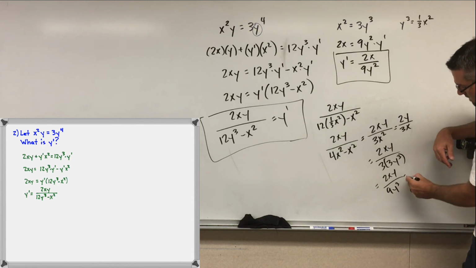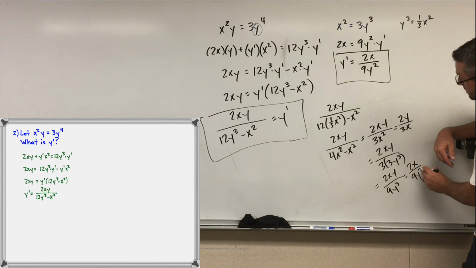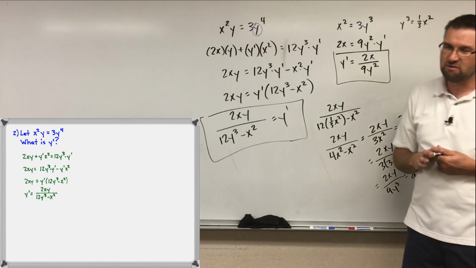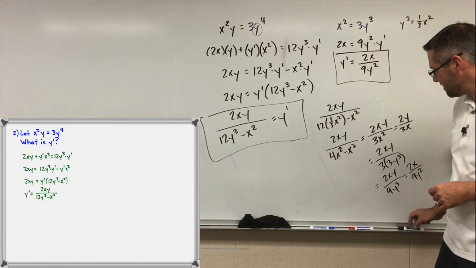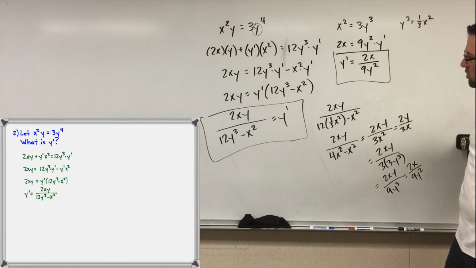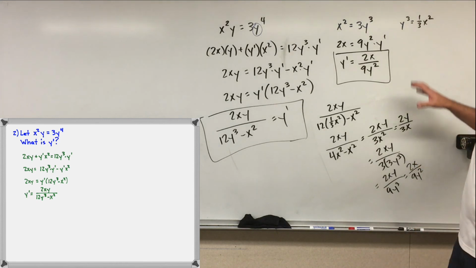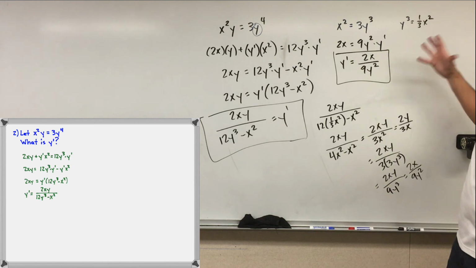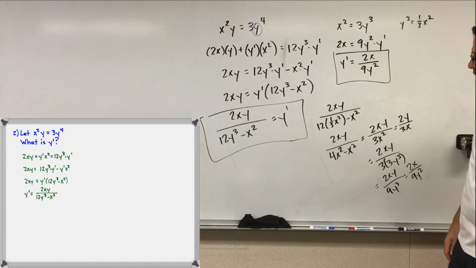And then you can reduce the y's there, and we end up with 2x over 9y squared, which is exactly that. The point is, there's a whole lot of different ways to write a derivative when you're talking about implicitly, right? And none of them are necessarily wrong. It's just that you have to be careful that you're doing your algebra correct all along the way.